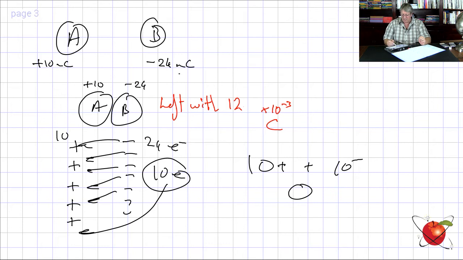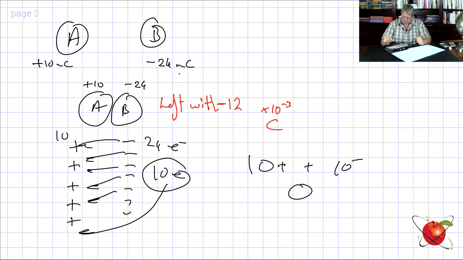So what has happened is we just looked at it as electrons, but the coulombs, that charge, is a measure of electrons. It's the same thing, isn't it? You could work out how many electrons, there'll be a lot, but you could work it out. But all we've said is that I've got a charge of plus 10 there and minus 24 there. So I'm going to average it out, because 10 of these are going to go across and get rid of 10 positives. So we're left with 12 minus because it's negative charge.